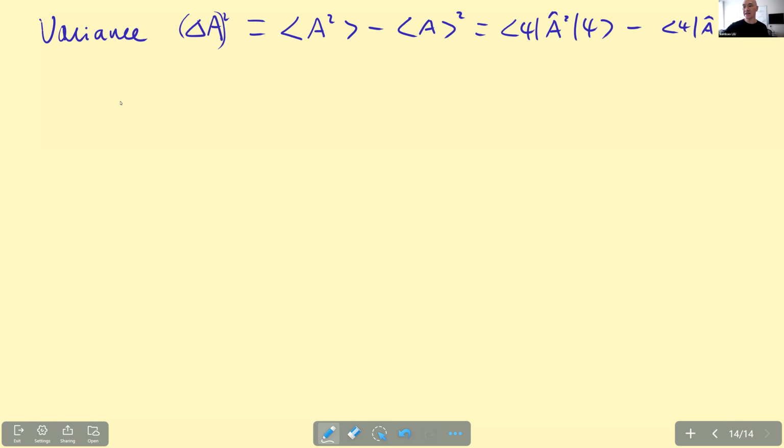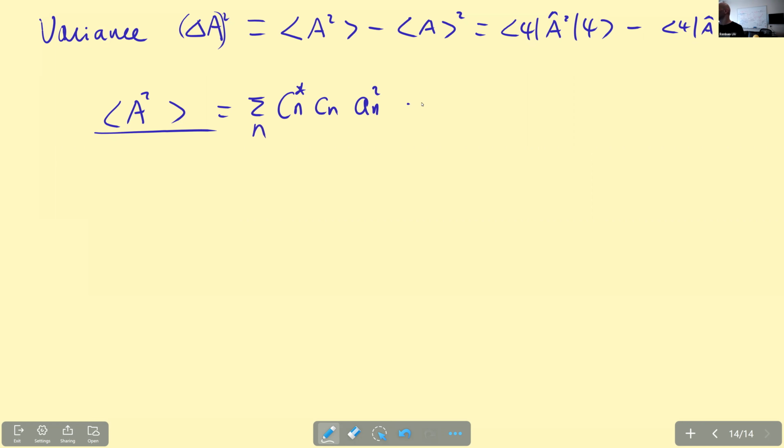Of course this is very easy to prove. This one equals a summation of Cm squared, complex conjugate Cm, now this is m squared, right, I do a summation over m. So I leave this one as an exercise for you. The result is simply ⟨ψ|A|ψ⟩ squared.